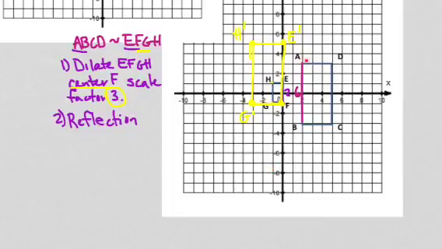But A is on the top of the rectangle. A is top left, so we want E to be the top left, which means I need to reflect it over a line to the left or to the right. So I'm going to choose to reflect it. I could choose anything. I'm going to choose to reflect it over the y-axis.